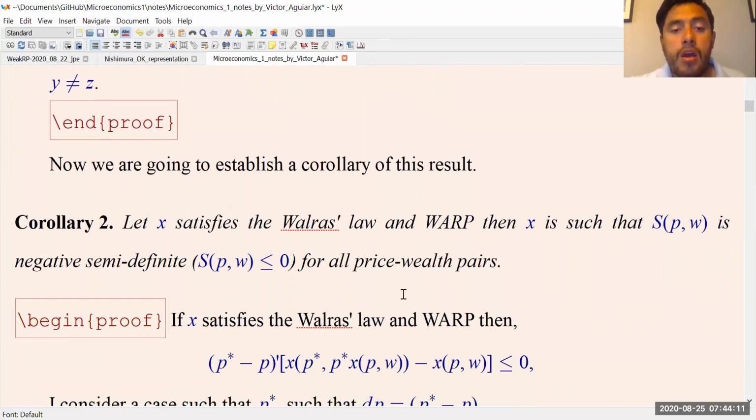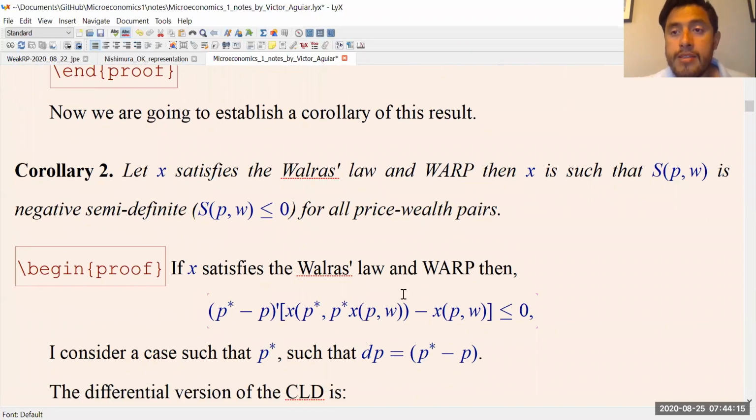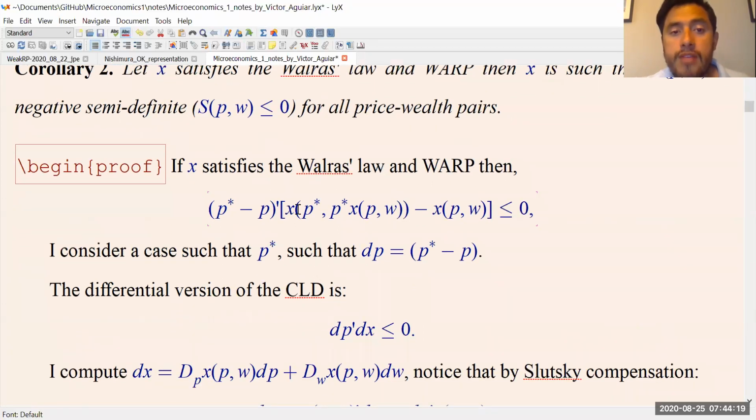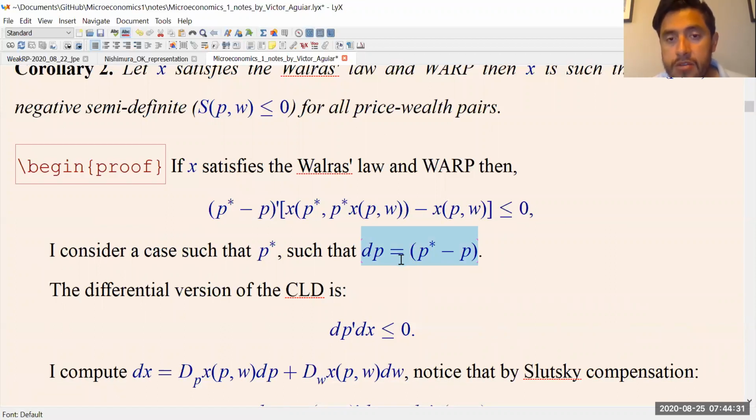Now let's conclude this video by studying the Slutsky matrix and the compensated law of demand. I start with the compensated law of demand, and then consider a case for which the price change is infinitesimally small. So let dp be a very tiny vector, the negligible difference between p star and p.